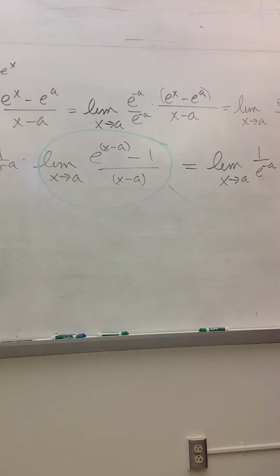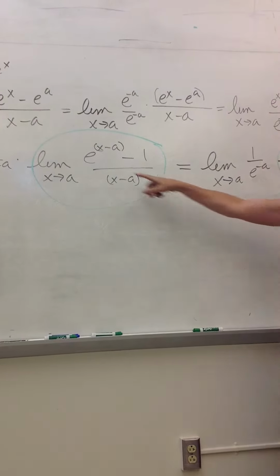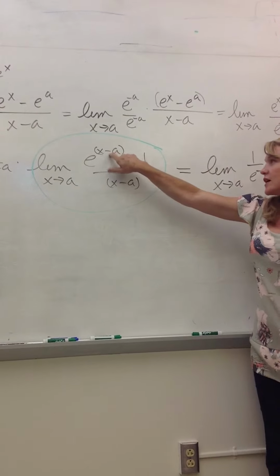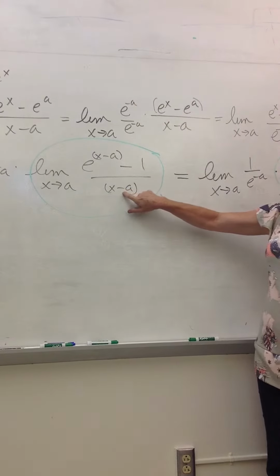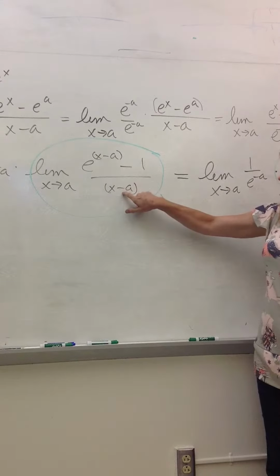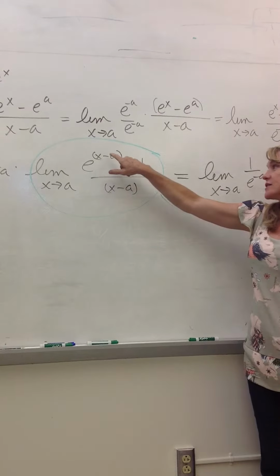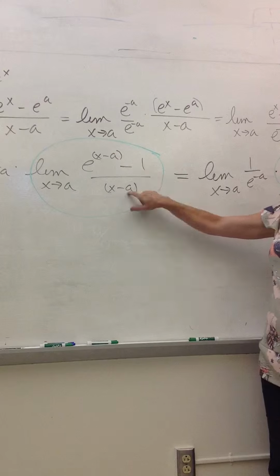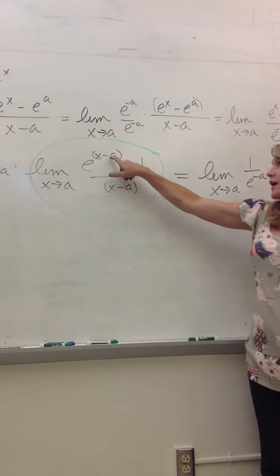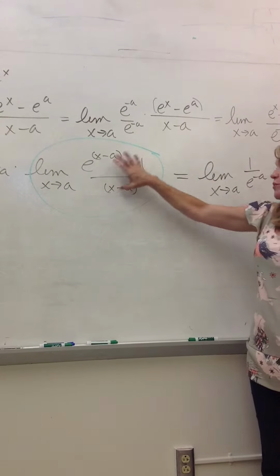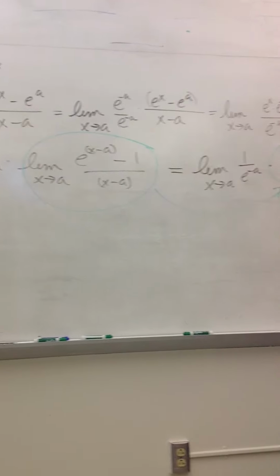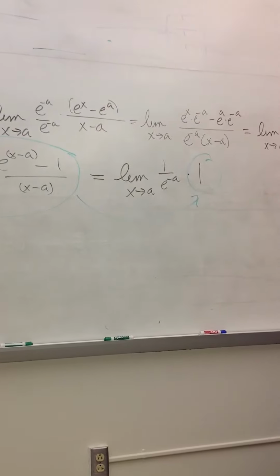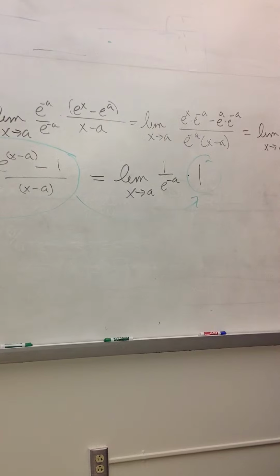I just used my calculator to show that if I have e to an exponent minus 1 over the exact same exponent, and the exponent and the denominator are both going to 0, then my limit is 1. That was what I was showing on the calculator.